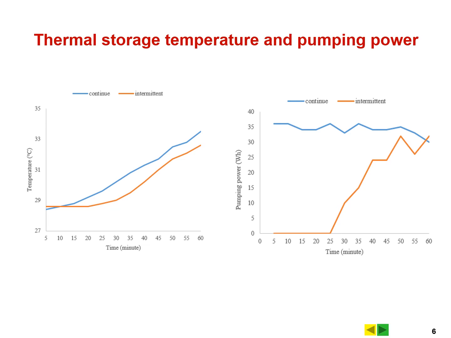On the other hand, for the intermittent flow mode, the pumping power was zero until about 25 minutes, and then increased gradually and reached almost the same value as continuous mode.